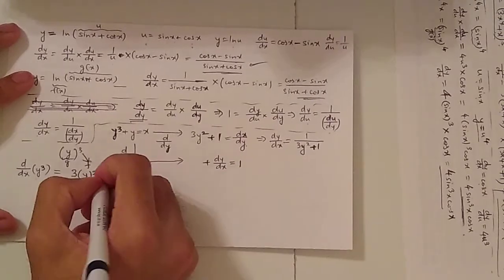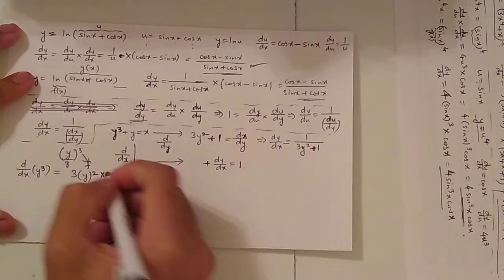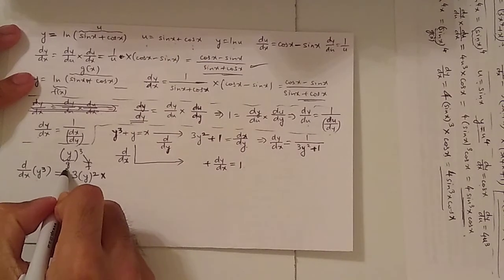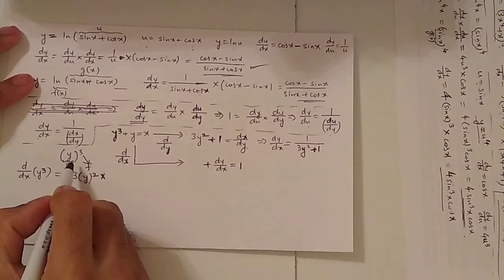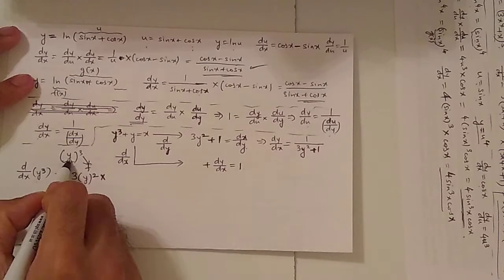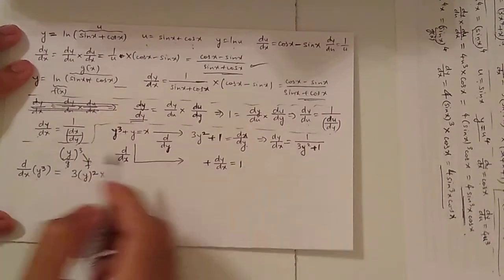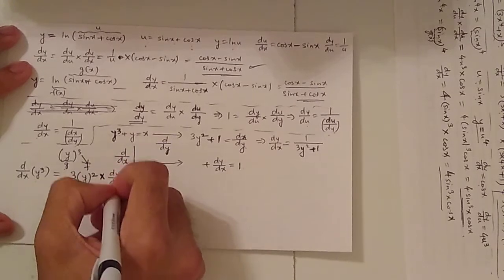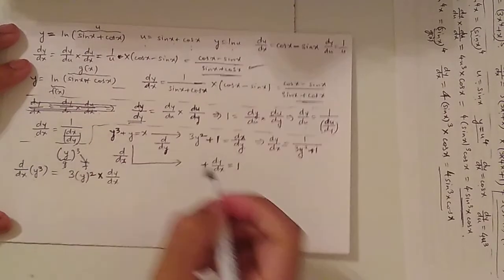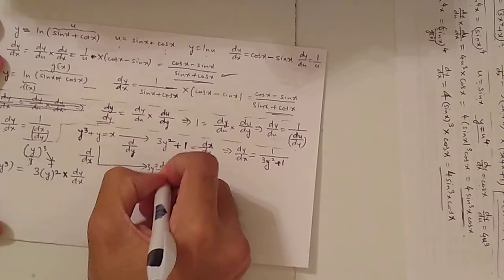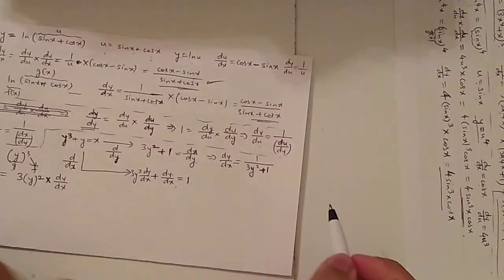Now the second step of the differentiation is to multiply by the derivative of the function inside the bracket. The function inside the bracket is y, and the derivative of that function with respect to x is simply dy by dx. So you replace this expression here, and we get 3y squared into dy by dx plus dy by dx is equal to 1.